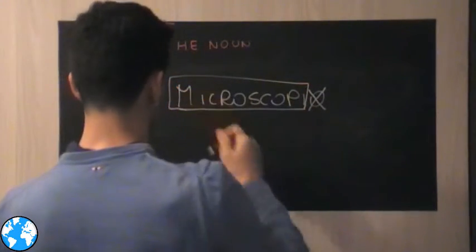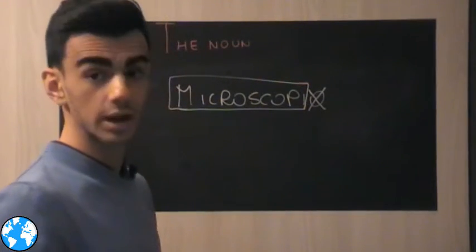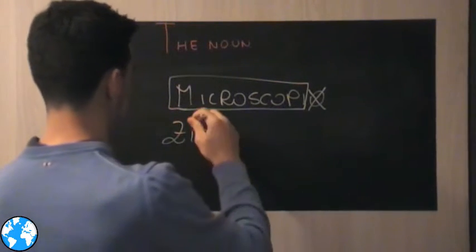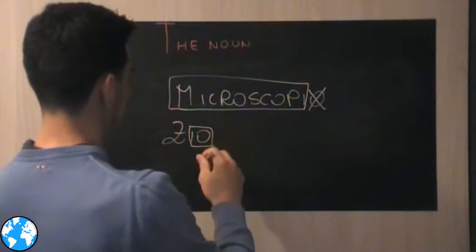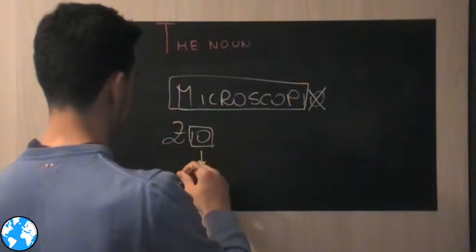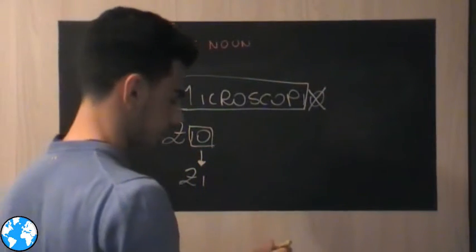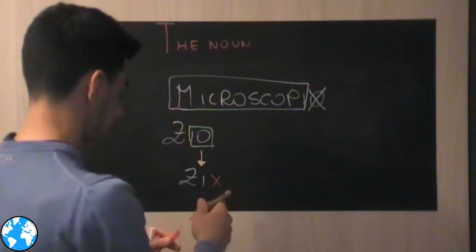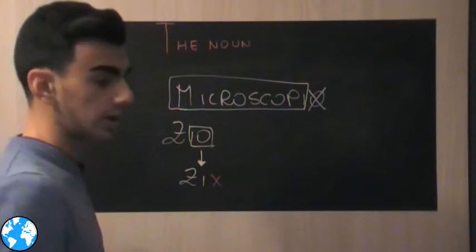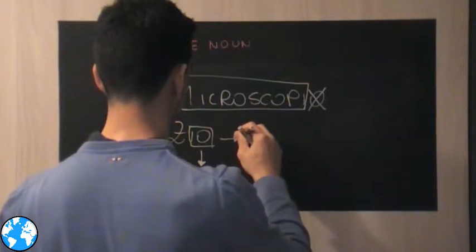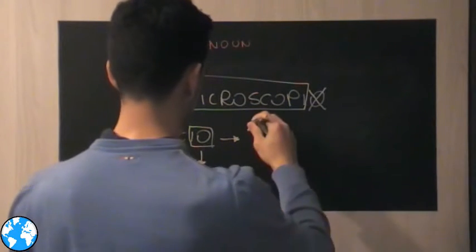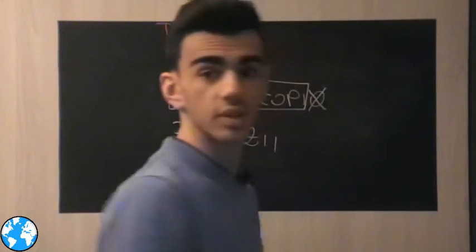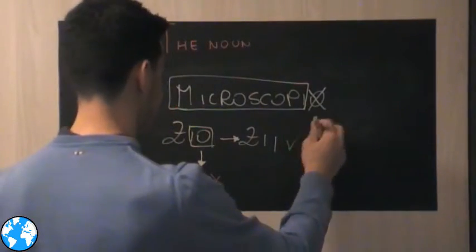But in other cases, such as zio, which means uncle, there is still the cluster, but writing something like this is wrong. So instead of writing something like this, you need to add another E to the word. So it becomes zii, and this is correct.